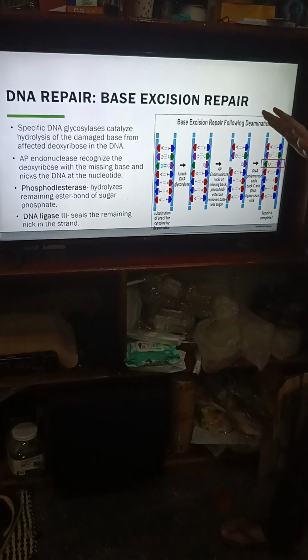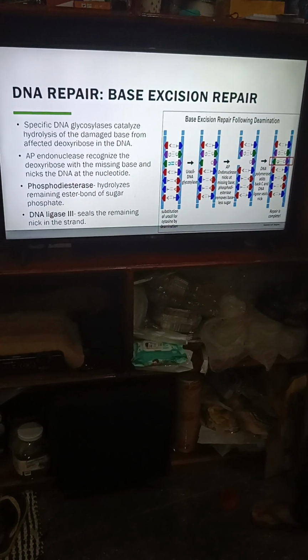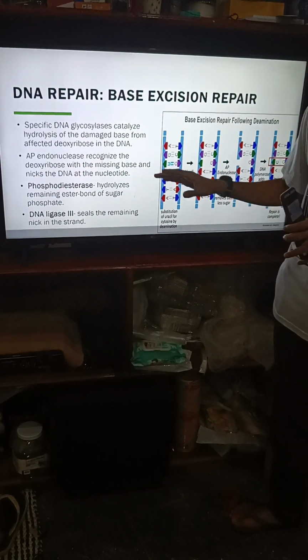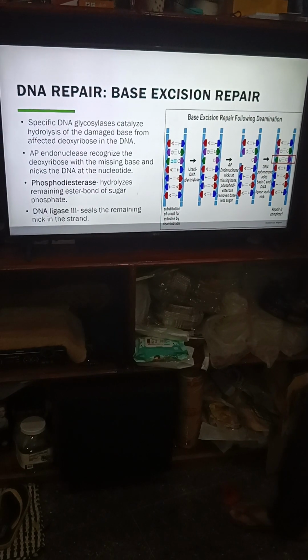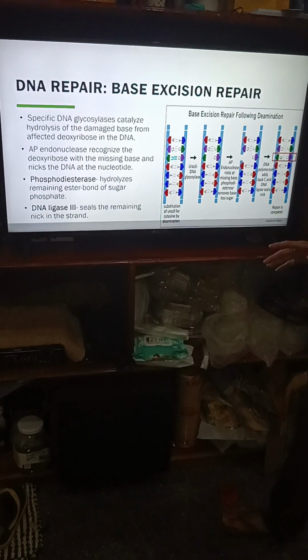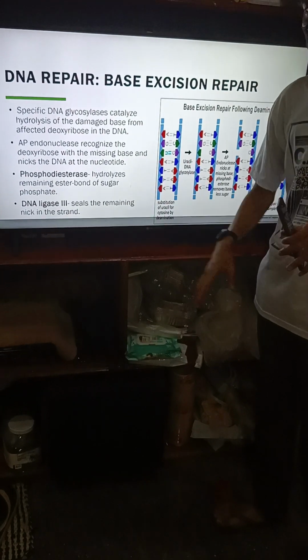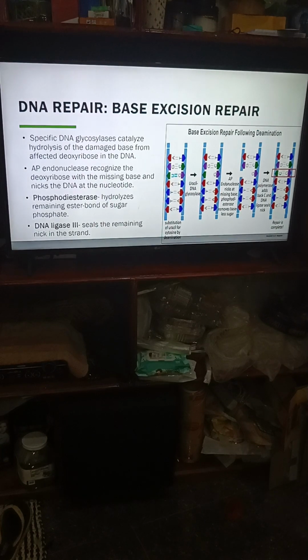An apurinic or AP endonuclease recognizes the deoxyribose with the missing base and nicks the DNA at the nucleotides. And the phosphodiesterases are enzymes that hydrolyze the remaining ester bond of the sugar phosphate, in which the DNA ligase 3 seals the remaining nick in the strand.